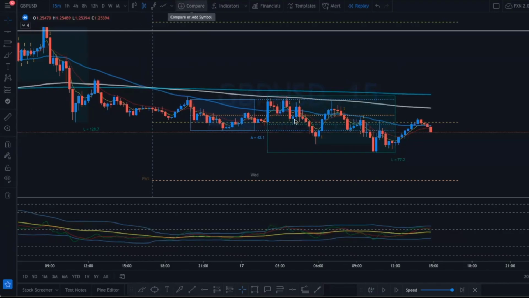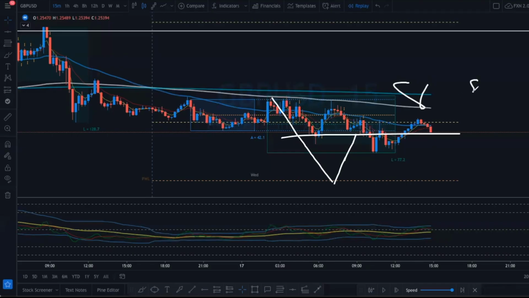But if you have a move in the US session that goes straight away like this and pulls back, and you're here at 8 o'clock, 8:30, and you get any kind of railroad track, any of that stuff, like you saw in this other example, then there's a continuation trade.